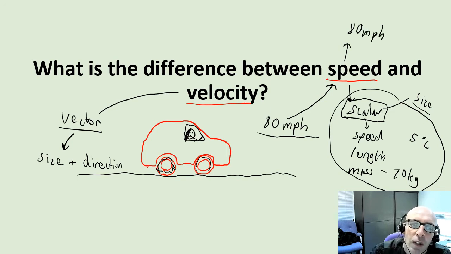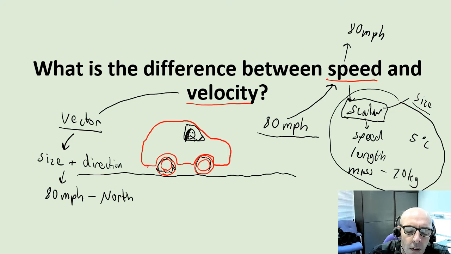However, if I tell you Miss Walker's velocity in her beautiful sports car here is 80 miles per hour going north, all of a sudden, I've given it a direction. I could have said it's 80 miles per hour going forwards. Again, I've given it a direction. So velocity has a size and a direction.